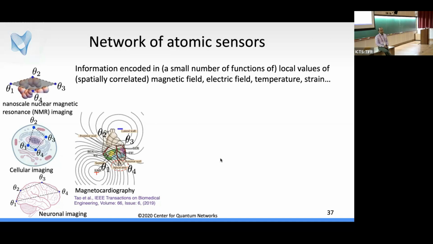And in the previous example, what did I say? There's that same theta that is modulating all the atoms. So if the thetas that are modulating all the atomic sensors are different, but highly correlated, but what you were interested in is not the theta, but some function of those thetas, in those situations also, entanglement among those atoms helps.